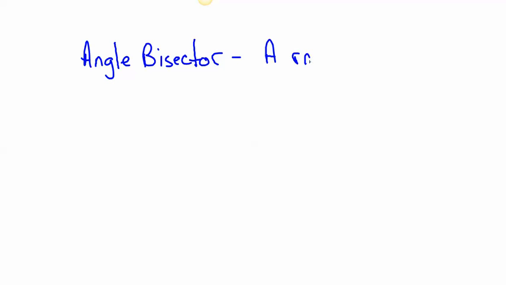Angle bisector. That's a ray that divides an angle in half.